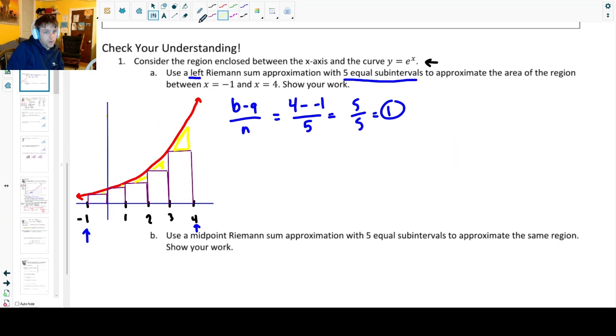All right, so let's go ahead and go to calculating this. The width of our interval is 1, and then we would multiply it by the height.